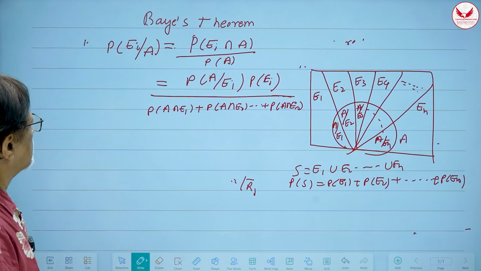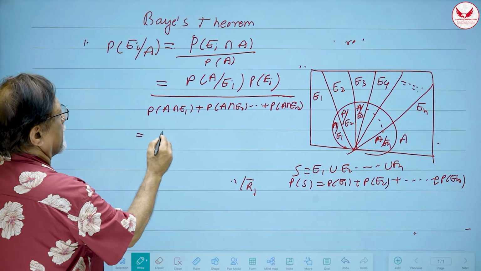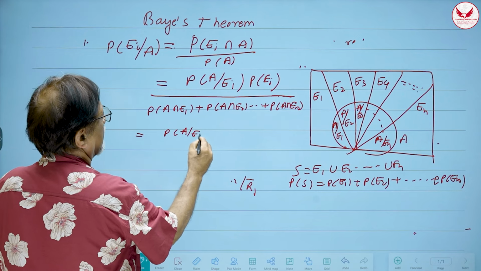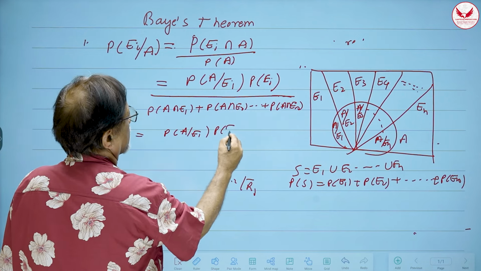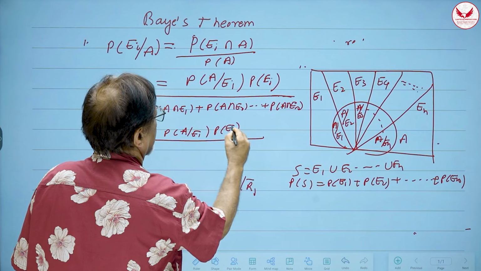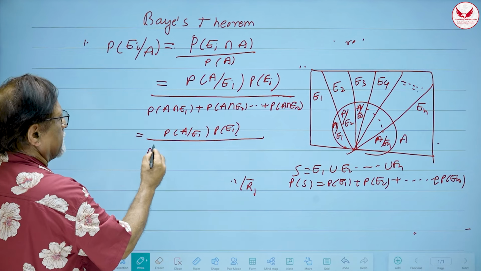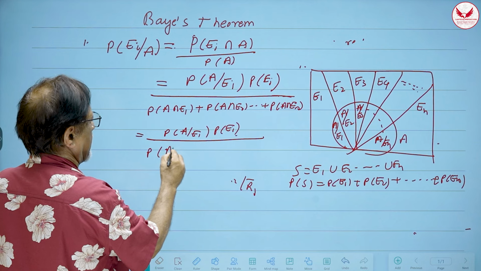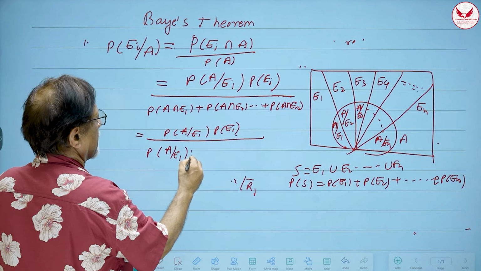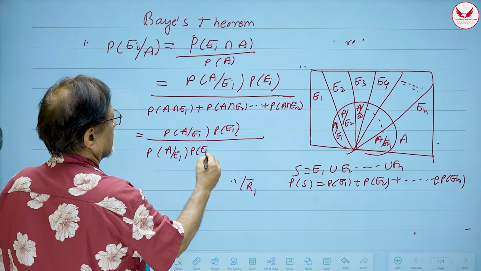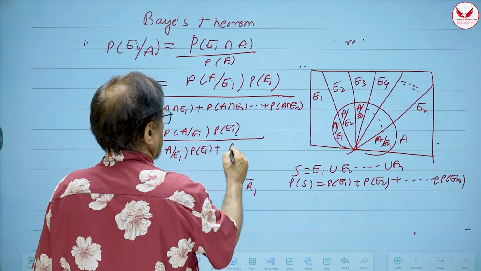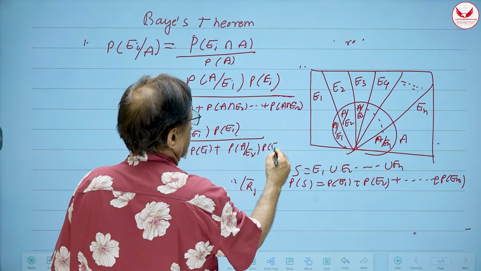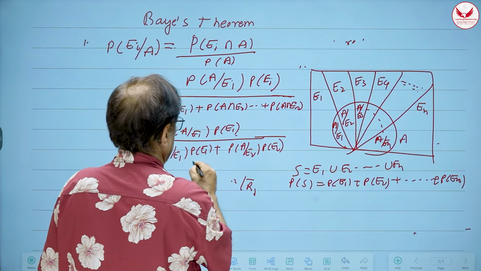This is intersection. Okay. Now this can be written as probability of A by Ei multiplied by probability of Ei divided by, now I am going to change the order, probability of A by E1 multiplied by probability of E1. Then I'll write probability of A by E2 multiplied by probability of E2. And this will go on like this.